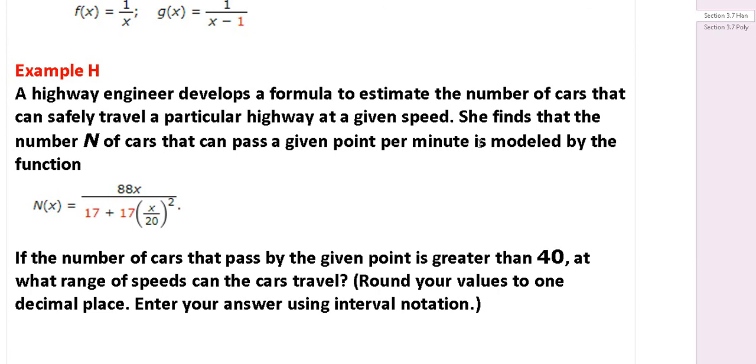She finds that the number n of cars that can pass a given point per minute is modeled by the function 88x over 17 plus 17 times x over 20 squared. If the number of cars that can pass the given point is greater than 40, at what range of speeds can the cars travel? So you can do this on your graphing calculator, or you can do this on Desmos.